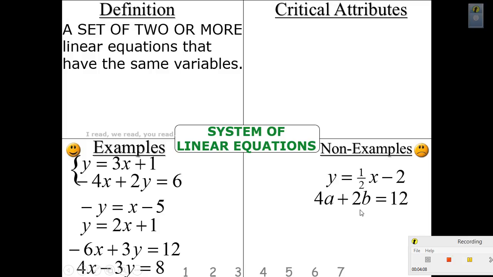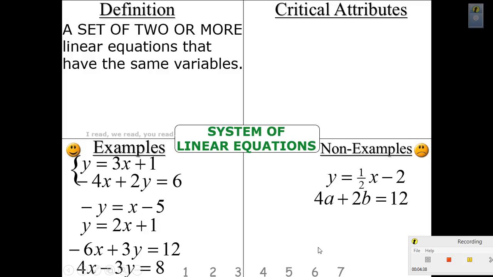Okay. Tell your neighbor, please, why that's not a system. Okay, volunteer. Yes, Dallas. They don't have the same variables. It's two linear equations, but they have different variables, x and y, a and b.